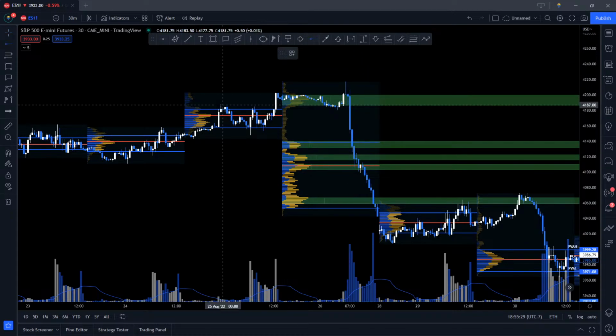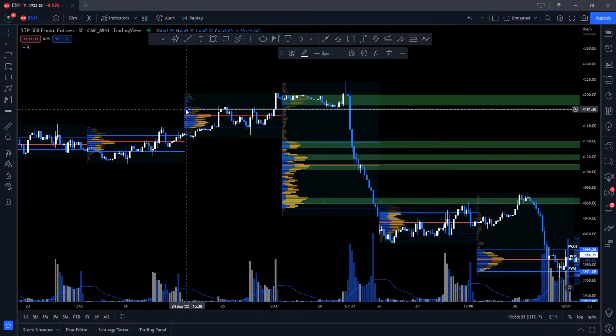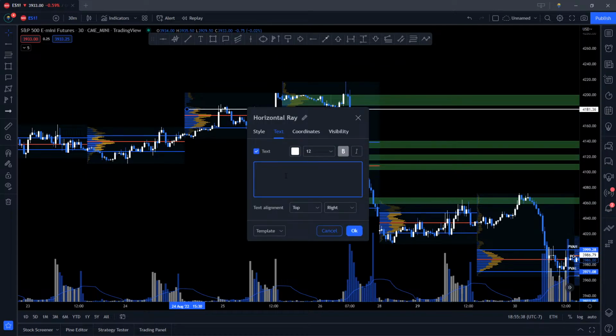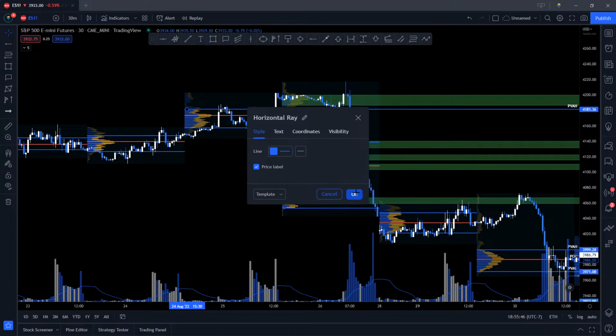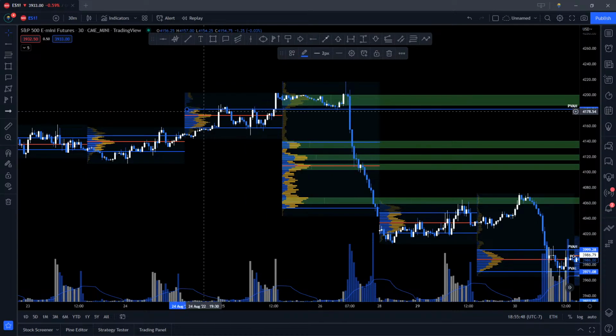And then if we're looking at our previous day value area high, this is not planned at all, but like I said, you should have this on your chart.